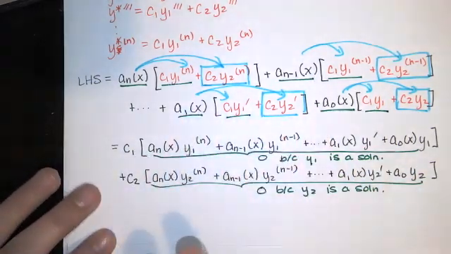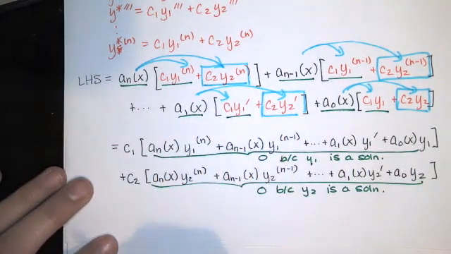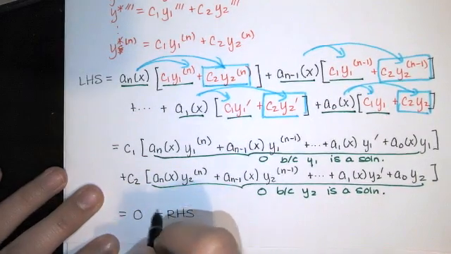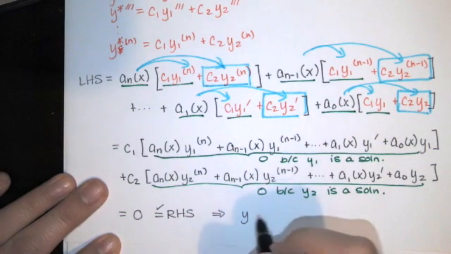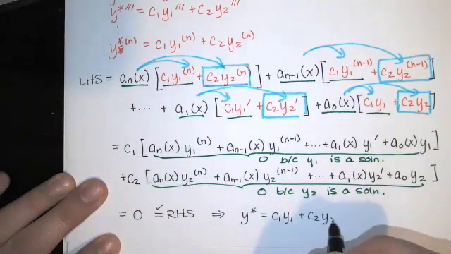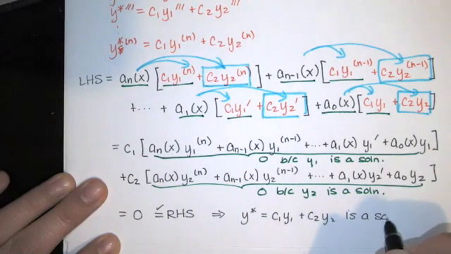So I've got C1 times 0 plus C2 times 0, which is 0. And that is equal to the right-hand side. Therefore, y star equals C1 y1 plus C2 y2 is a solution.